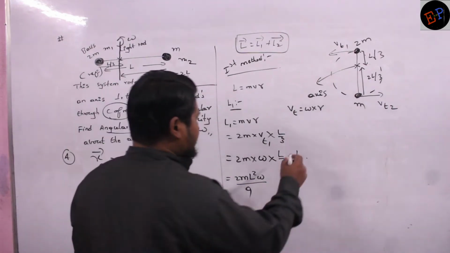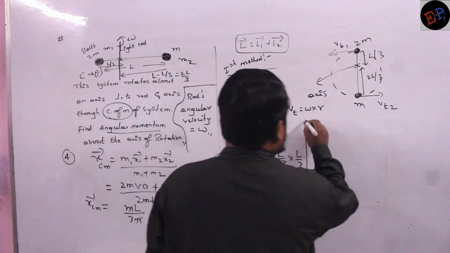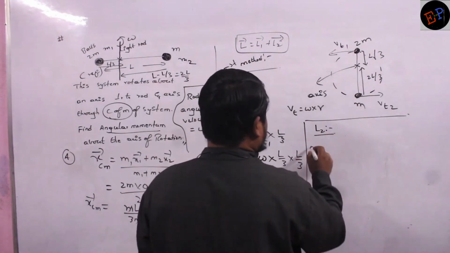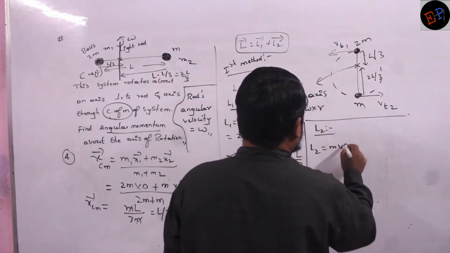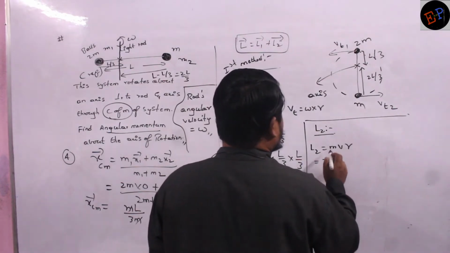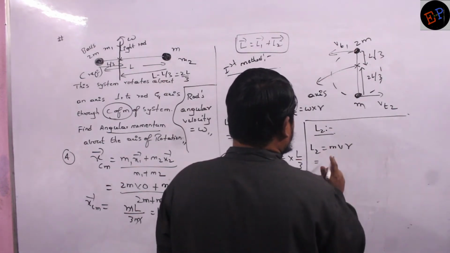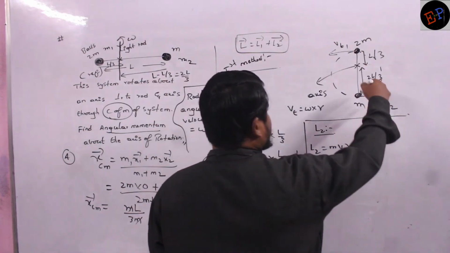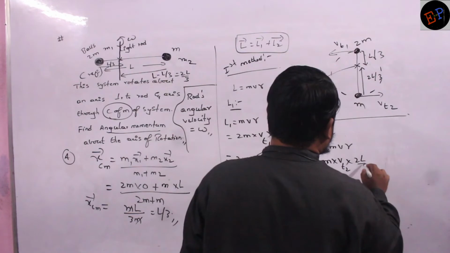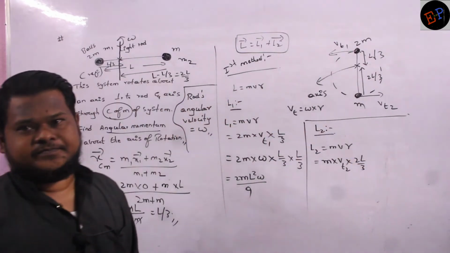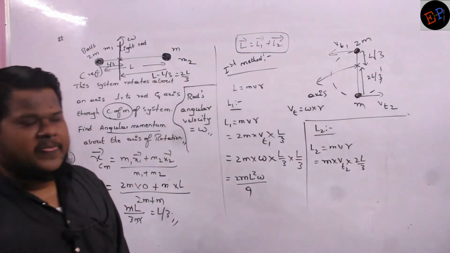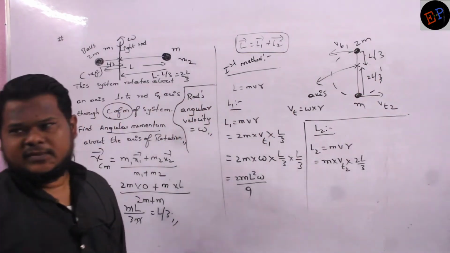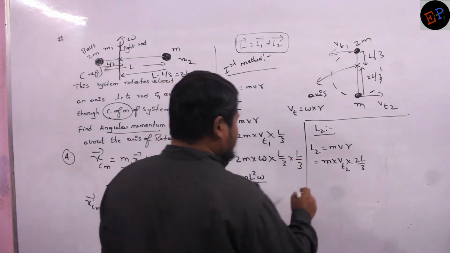Similarly, you calculate for the second mass also. Clear now? For the second mass, angular momentum is L2. So L2 is equal to again the same formula, mvr. Mass of the second particle is m, and its tangential speed is Vt2. And what is the perpendicular distance? Perpendicular distance is 2L by 3. But what is the tangential speed?